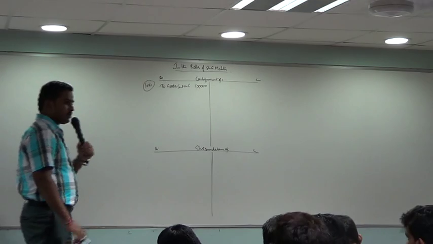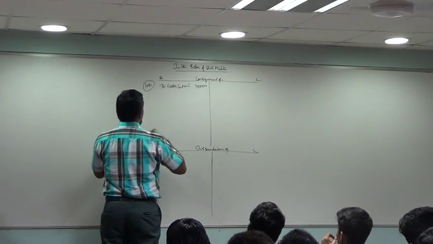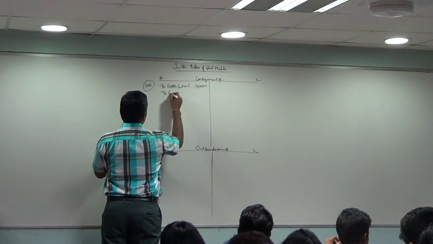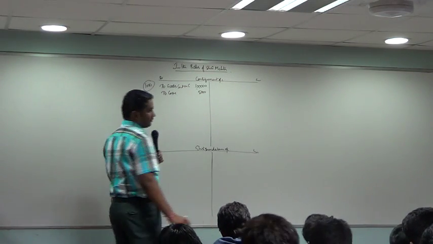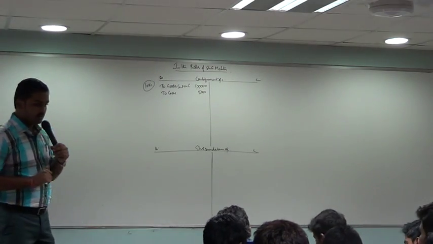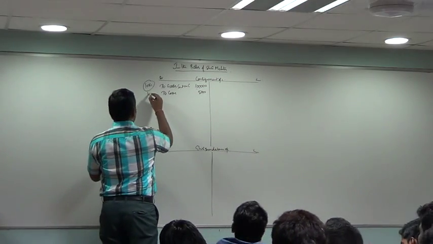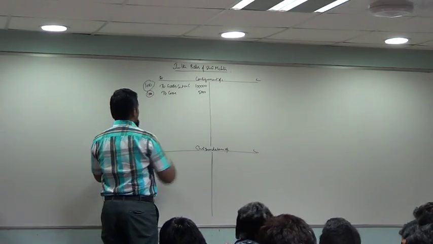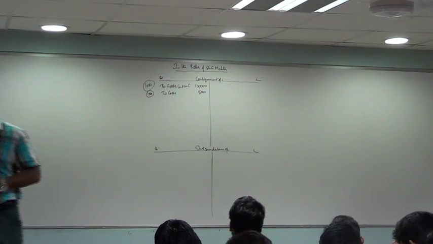Consignor is paying some amount. What is the entry we write? Consignment account debit to cash account, 5,000 rupees. Again, this is paid for 1,000 boxes. Okay. Next.